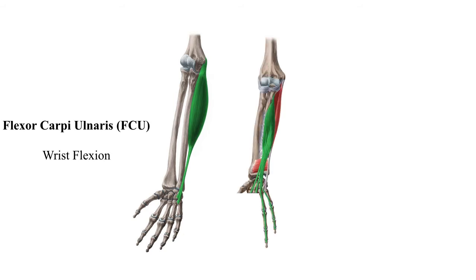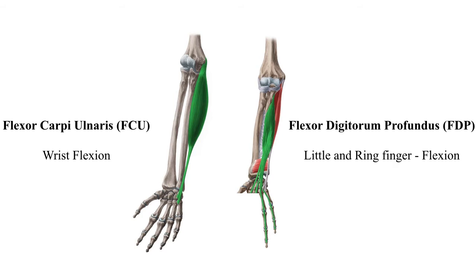And the next muscle is flexor digitorum profundus, which flexes the ring and the little fingers. So in low level lesion, flexor carpi ulnaris and flexor digitorum profundus escape because the branches are already given in the region of the elbow joint.